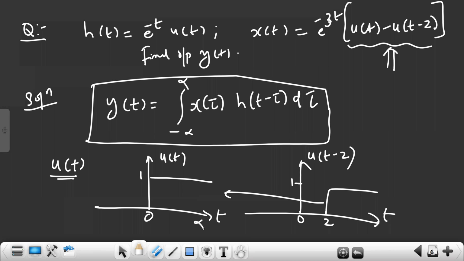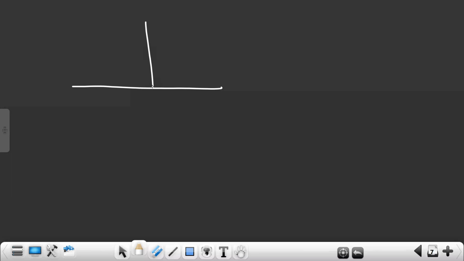This is a continuous signal, not discrete. So from 2 only you are subtracting, isn't it? So the result will be till 2. Okay. So when you subtract u of t minus u of t minus 2, you will get a pulse like this from 0 to 2 and the amplitude will be same as 1.